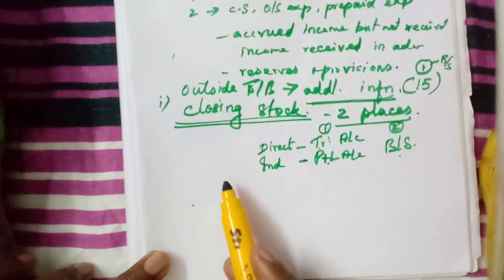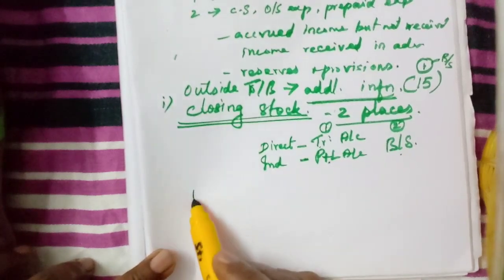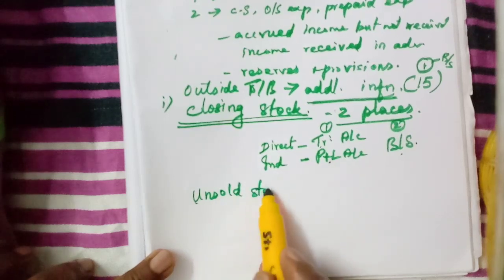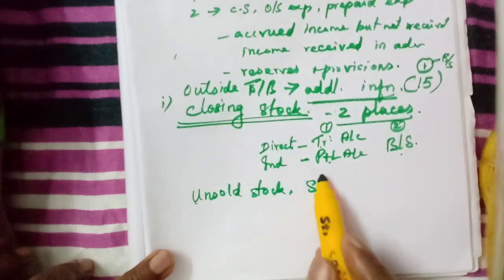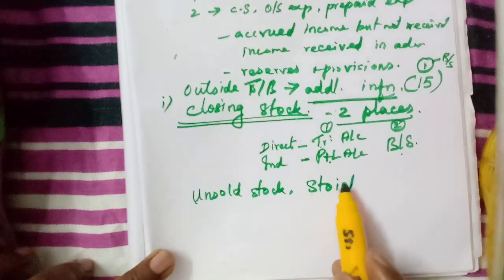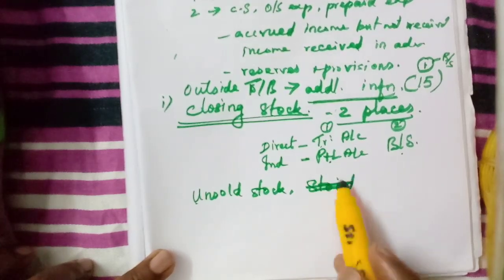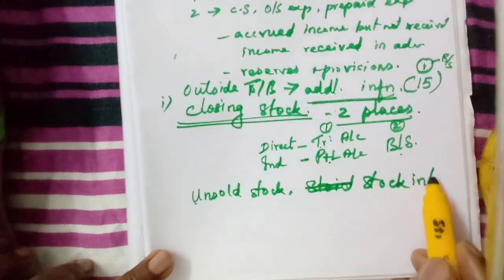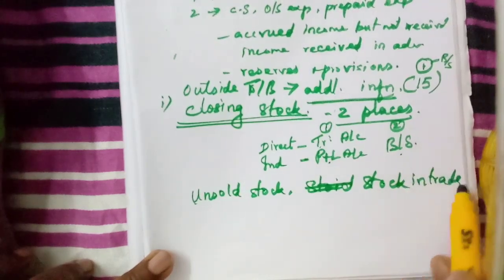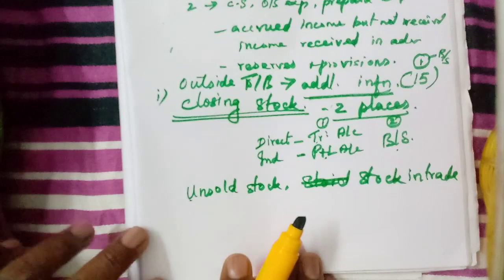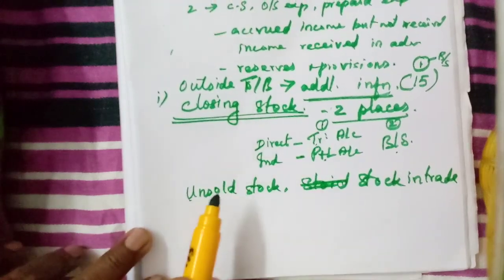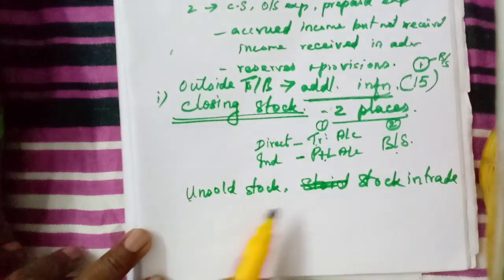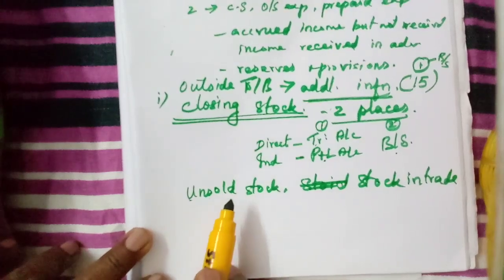What is not sold, we can call unsold stock, or stock in trade. New terms they may give, so that we may not be confused. Unsold stock, stock in trade, closing stock, all this means the same.